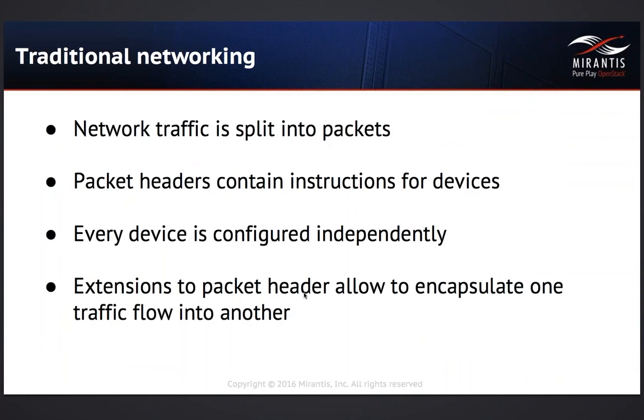So just to sum up, in traditional networks we have packet-based networking. Network traffic is split into so-called packets. Each packet has a header, which is typically a source and destination address plus some other information. This header is treated as a kind of instruction for all the interim devices on the path to the destination, to execute some actions with that packet, where the basic action is to send it on the right path to reach the destination.